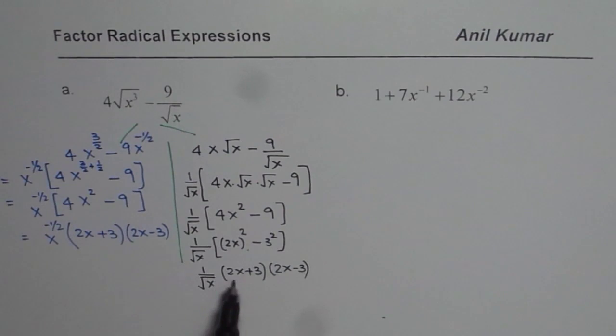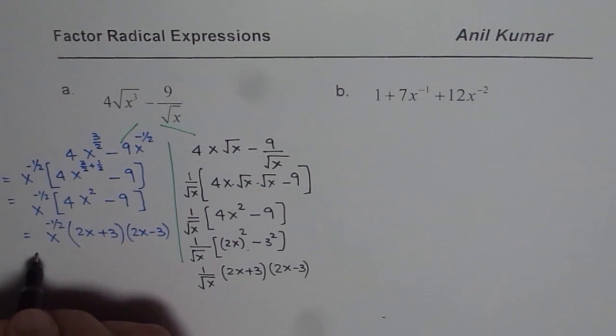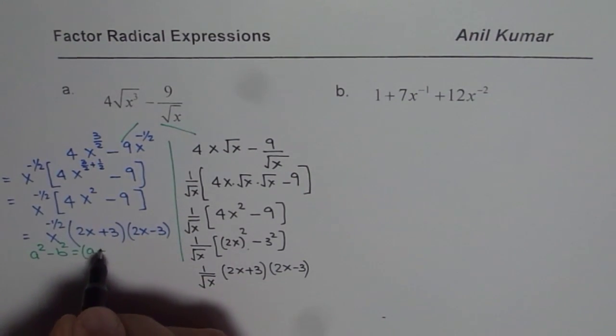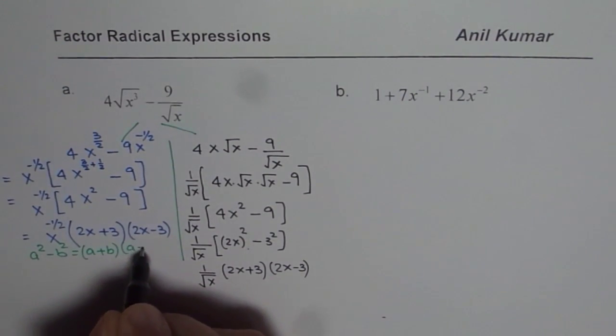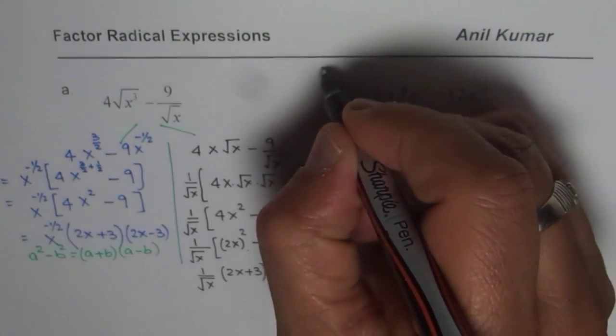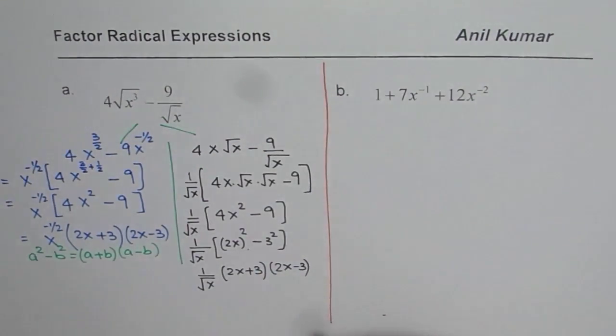So what I used here is the formula a squared minus b squared is a plus b times a minus b, right? So we had a difference of squares which could be factored and written as a product of sum and difference. So that is how you will factor the given radical expression on the left side, right? So part A is done for us.